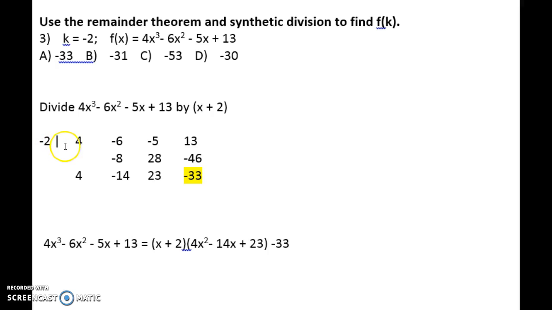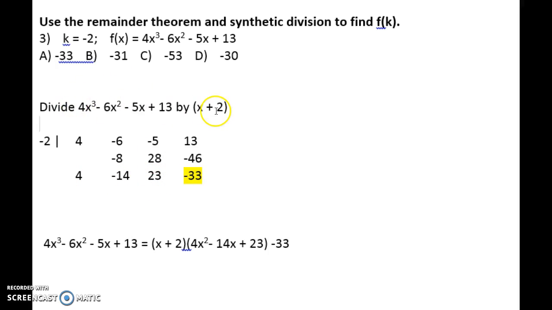And then for synthetic division, you just bring down the first term, and then you repeat this process over and over, where you take this value, -2, multiply, and put your result. And then you're going to add those up. Do it again. Take this -2, multiply, and write your result. Add those up. Take the -2, multiply, write your result, add those up. And what you have there then is the coefficients for your answer.